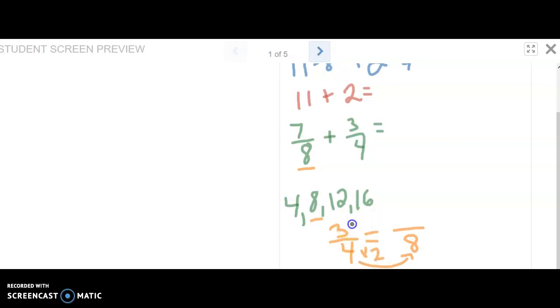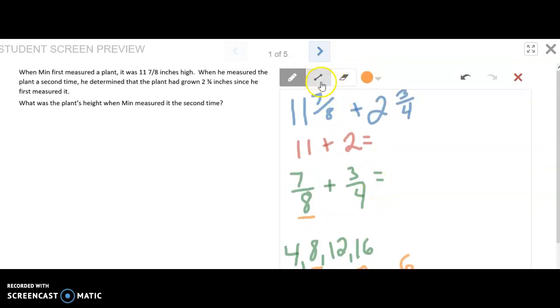Whatever I do on the bottom, I have to do on the top. So 3 times 2 gives me 6. So 6/8 is equivalent to 3/4. So let me go back up here, and I'm going to rewrite my problem using that 6/8. So 7/8 plus 6/8.